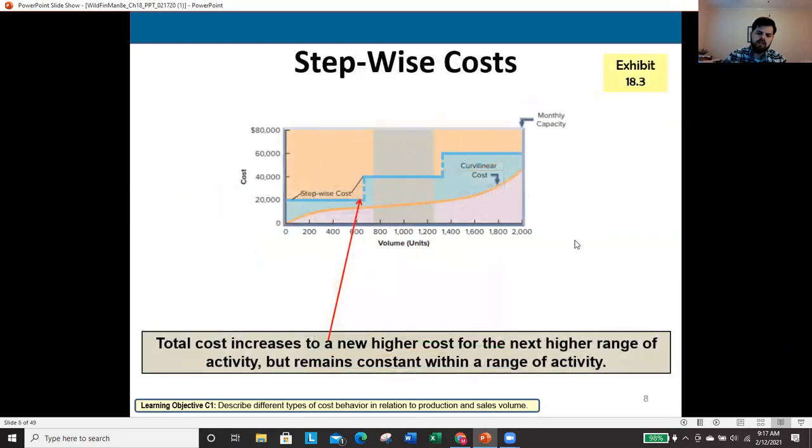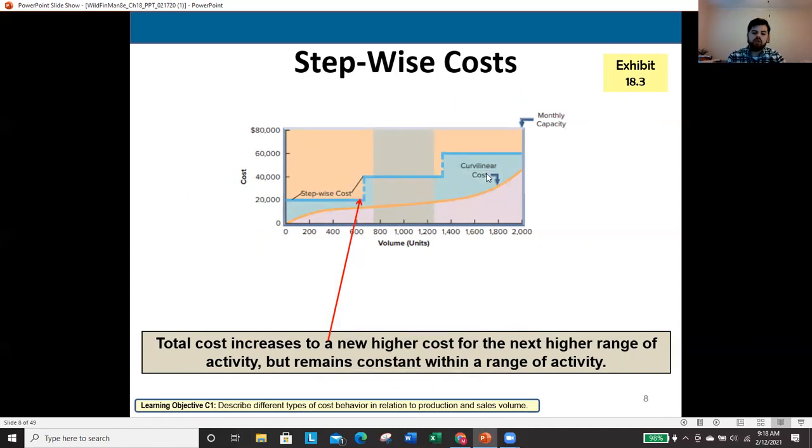Now, our next cost here is what we call a stepwise cost. So total costs increase to a new higher cost and then are once again fixed. So in this case, you will see what we call here a stepwise fixed cost. So within this first range from 0 to about, I don't know, 600 or 700 units, you see that our cost is fixed at $20,000. Then from either 600 or 700, wherever that line actually hits, all the way over to just under 1,400, you'll see that we're fixed again at $40,000.